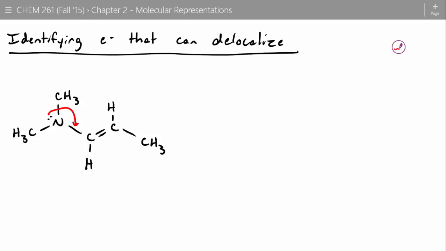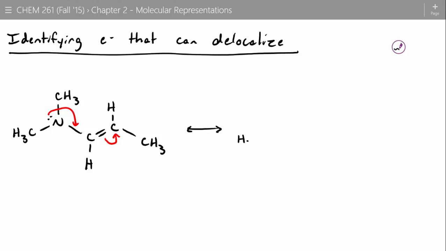Exactly. We have to do 2 electron pushing arrows in this case in order to prevent violating the octet rule. If I only drew 1 arrow, we'd be breaking the octet rule. But what I can do is push these electrons onto that carbon, and then every atom has an octet, every atom's happy. So let's go ahead and draw this.